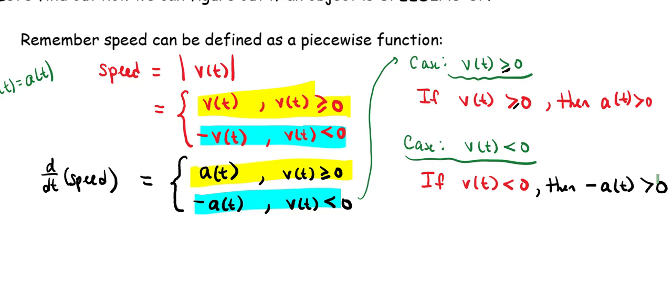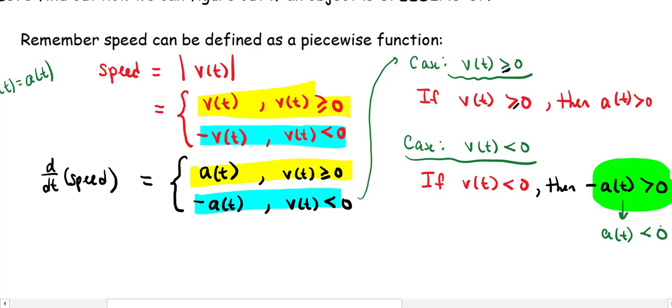Most of the time we don't write it as negative a of t, so I can divide both sides by negative 1, and now you get a of t is less than 0.